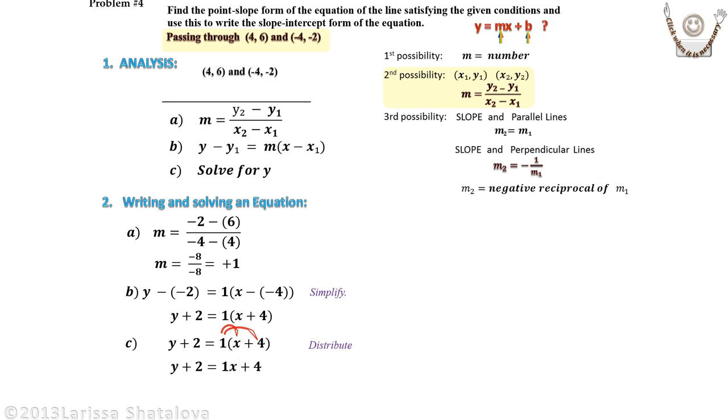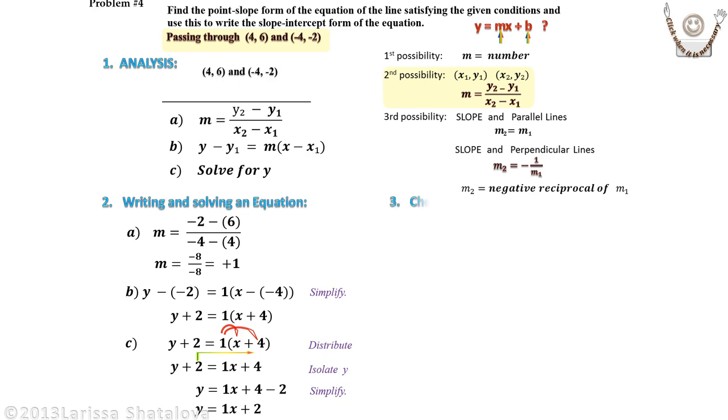Now we have to isolate y. So we have to move positive 2 from the left to the right. It is becoming negative 2, and we have to simplify positive 4 and negative 2. Result is y equals positive 1x and positive 2.